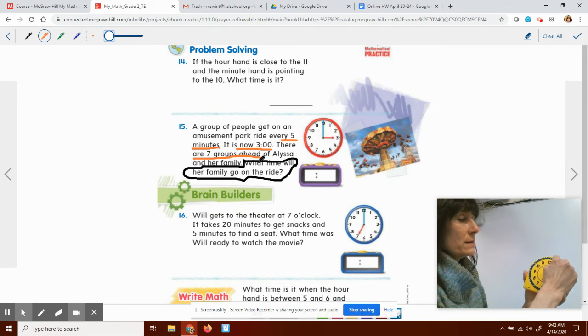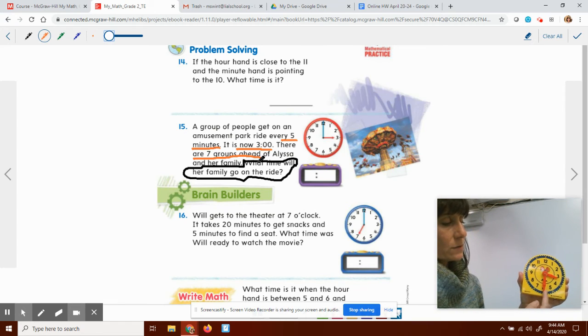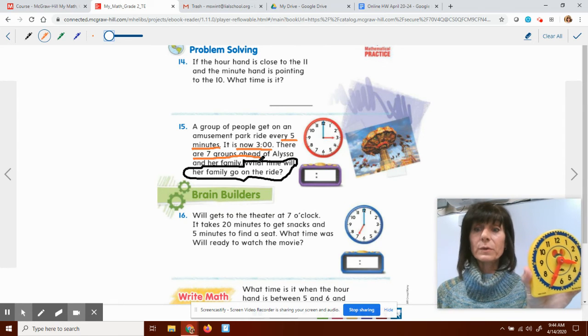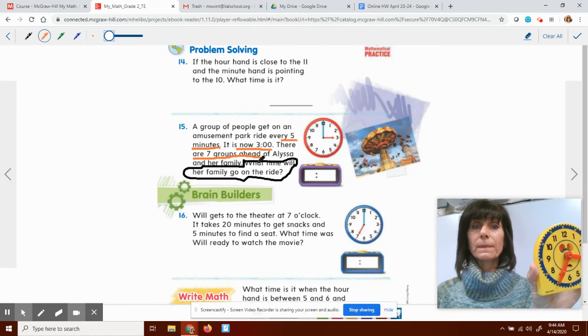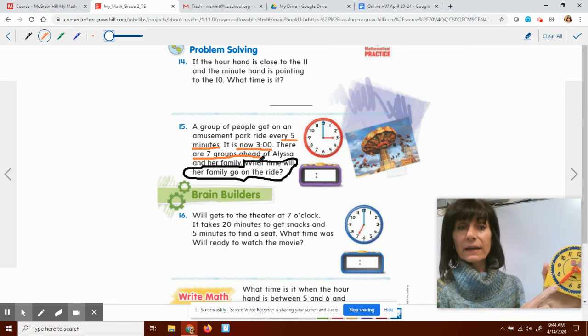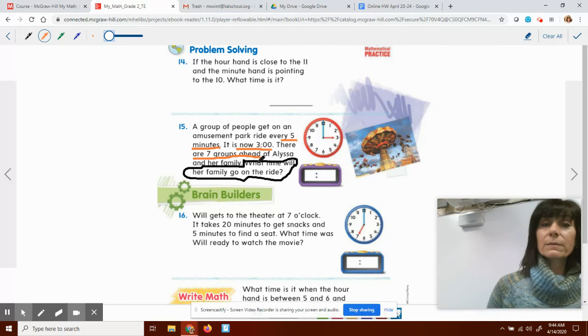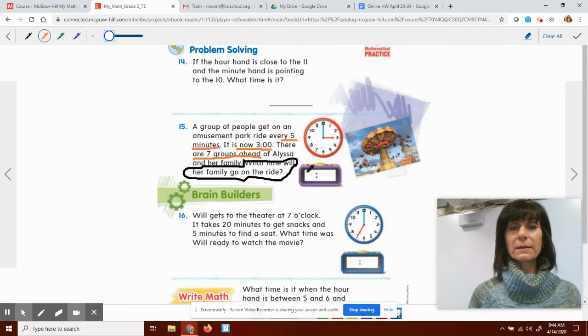So there's the first group, the second group, the third group, the fourth group, the fifth group, the sixth group, the seventh group. So now I'm on 35. I count by 5 up to the 7. So what time will her family get to go on that ride? We would write her family gets to go on now at 3:35.